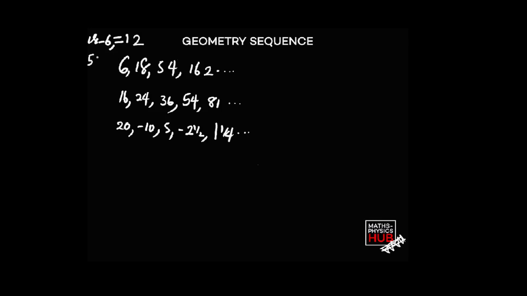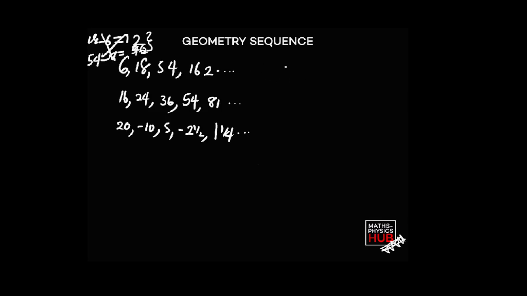If I say 54 minus 18, it is 36. You see that the value is not the same. That's to tell you that this sequence is not an AP.